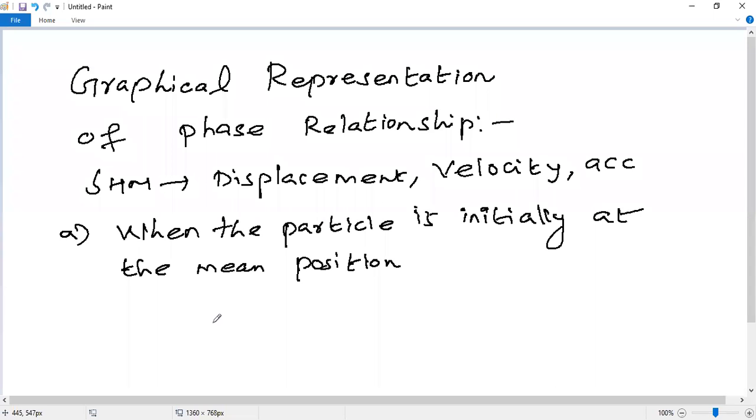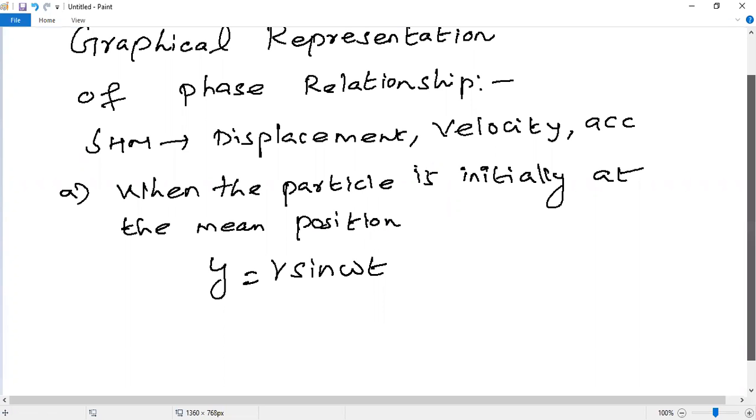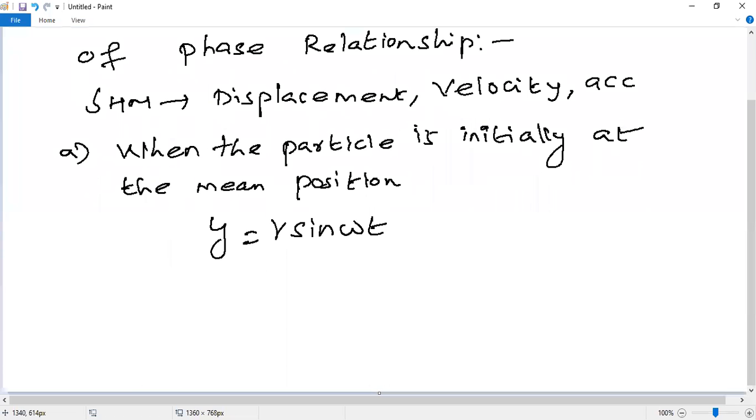What is the displacement formula? Y is equal to R sin omega t. So this is the displacement equation of the particle. Now I am finding the velocity.